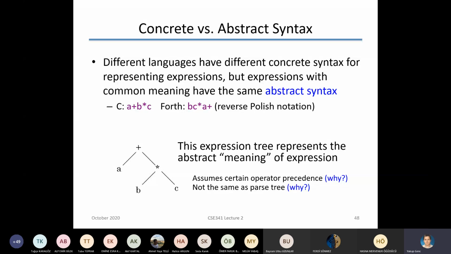And that will require a parse tree, and we discussed that briefly. Now, what I want to do is go back a little bit to this concrete versus abstract syntax that we have been discussing, touching on the topic back and forth.